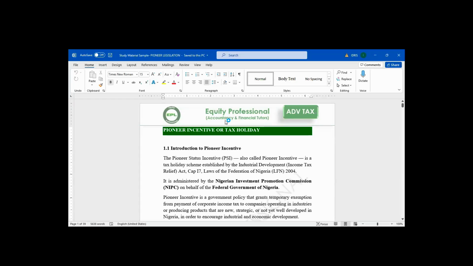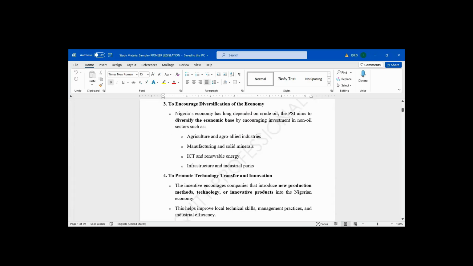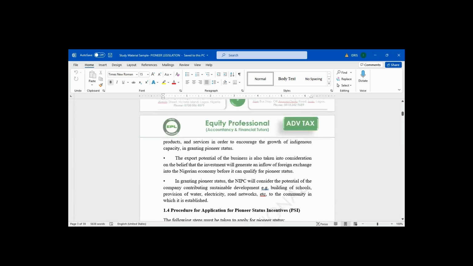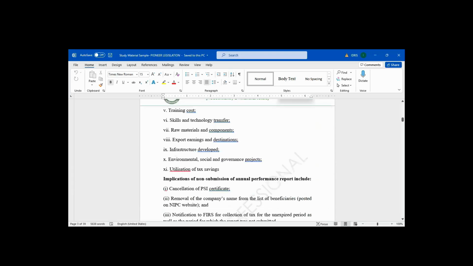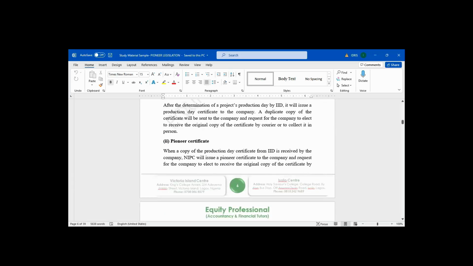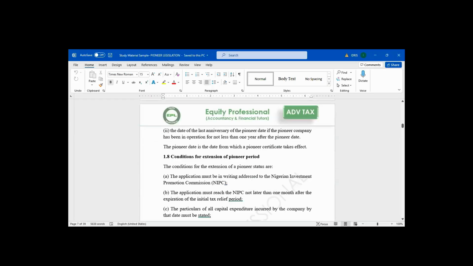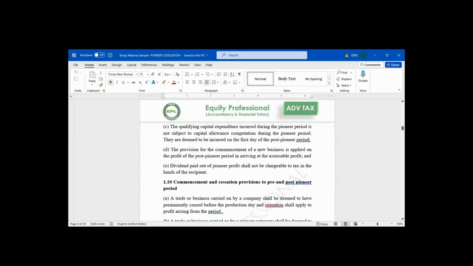Okay, so last week we started Pioneer Incentive, otherwise called Tax Holiday. I've explained all the relevant concepts relating to Pioneer Incentive. I explained what are the tax incentives available to a Pioneer company, the objective of a Pioneer Incentive, the procedure for application of Pioneer Incentive, Pioneer Certificate, Production Certificate, cancellation of Pioneer Certificate, condition for extension of Pioneer certificates.